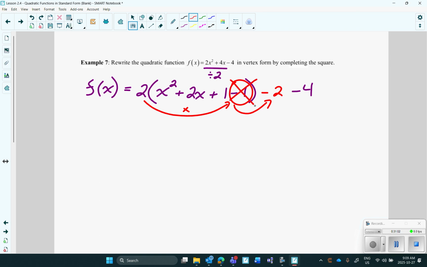Now it's out. So 2, what's this factor? (x + 1) all squared. And then simplified, minus 6. And we're done. Okay.